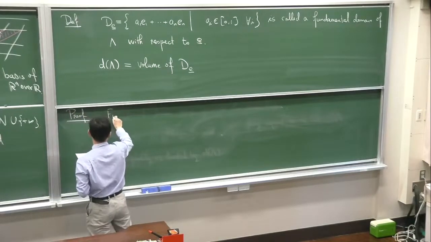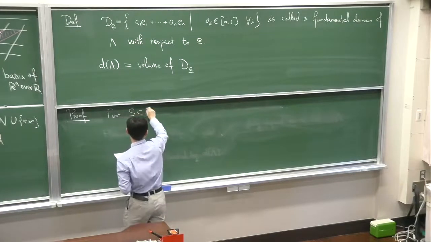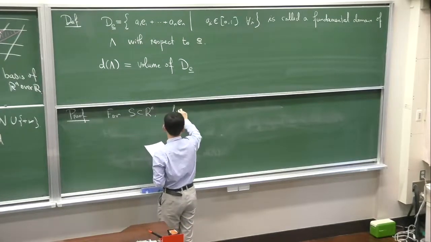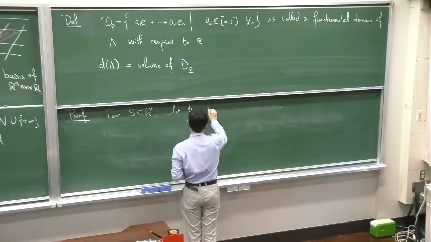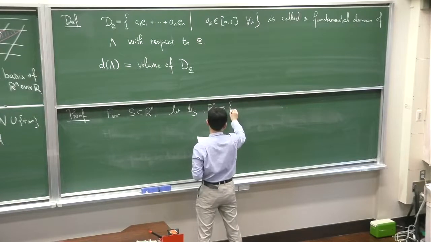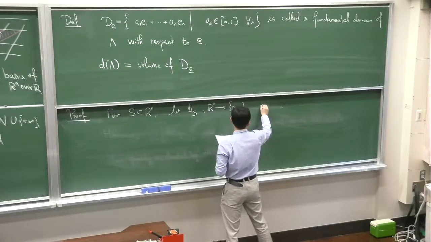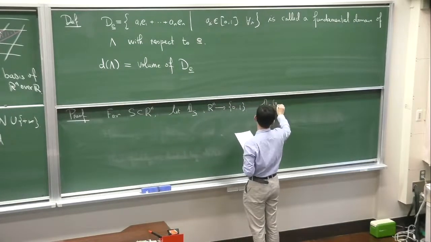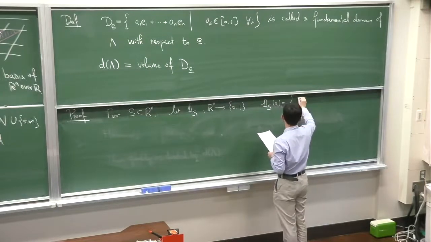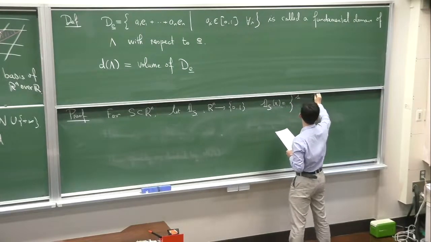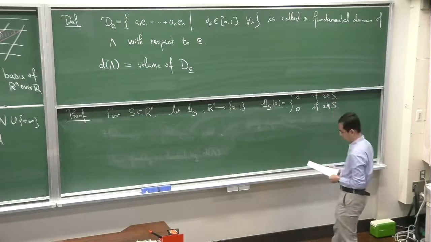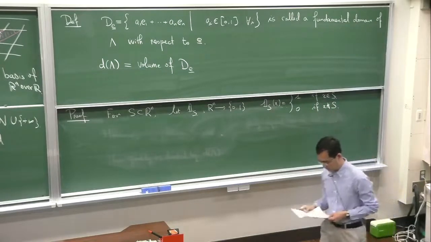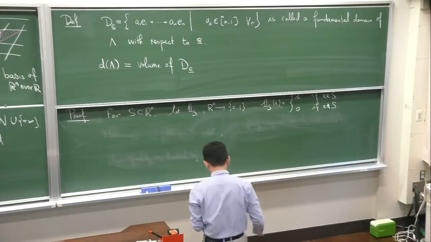I introduce some notation: for S in R^n, we let 1_S be the indicator function, indicating if a point belongs to S or not.